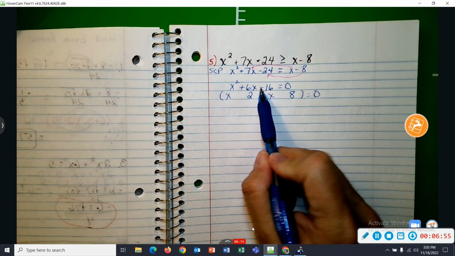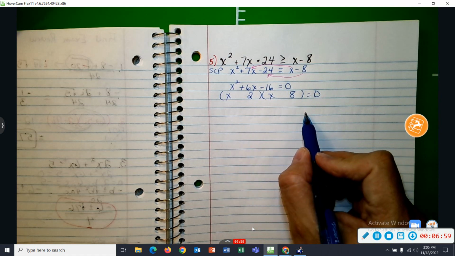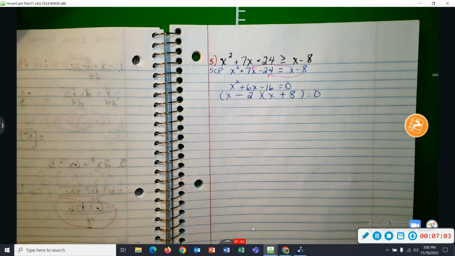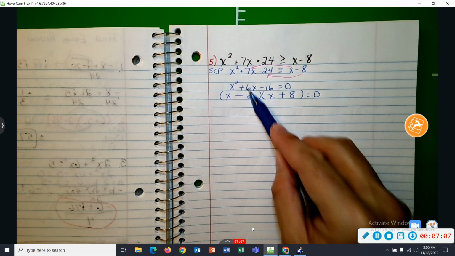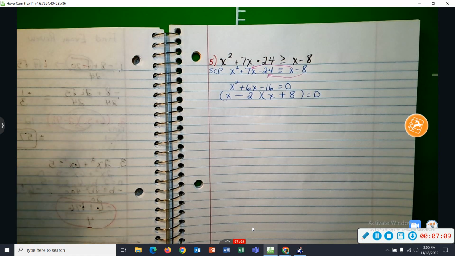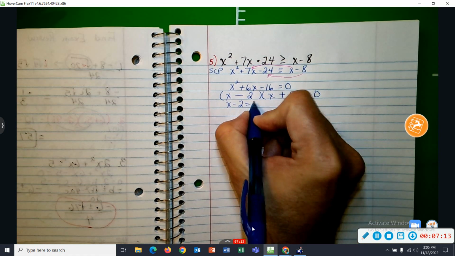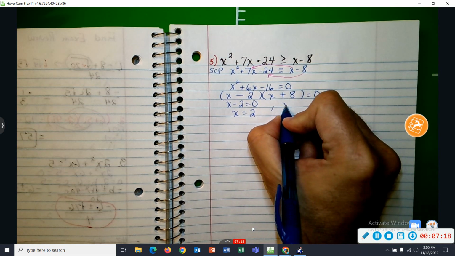Now to get a negative 16, we need a positive and a negative. I think the 8 is going to have to be the one that's positive, and the 2 negative. If you FOIL it out, that should get that positive 6x. Now set each one of these factors to 0, and we get x equals 2.